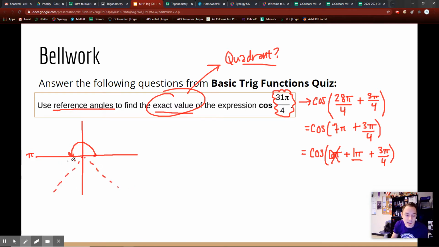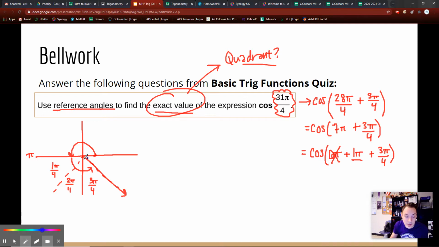If I break that up, okay, this is 1 pi all over 4. This is 2 pi all over 4. And this is 3 pi all over 4, which means this goes an additional 3 pi all over 4 into this quadrant, okay? Wow, that arrow is kind of obnoxious, but it goes into that quadrant, okay?